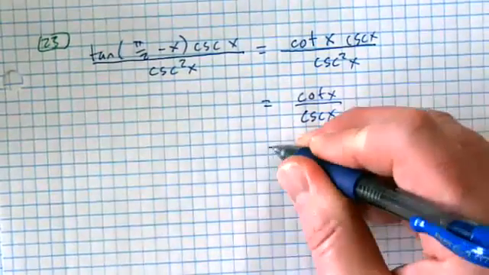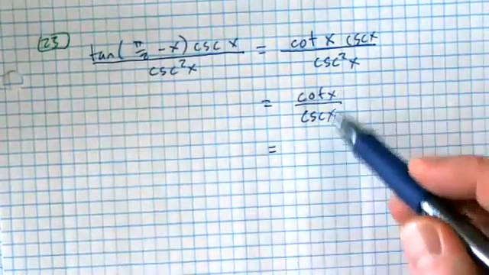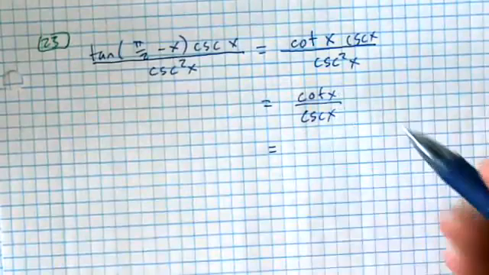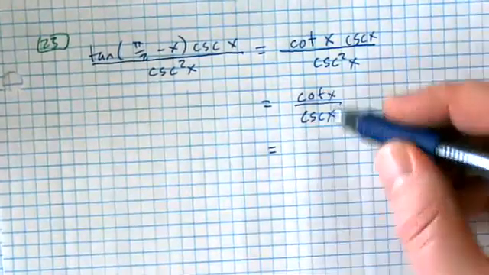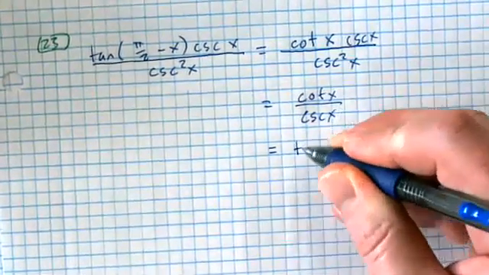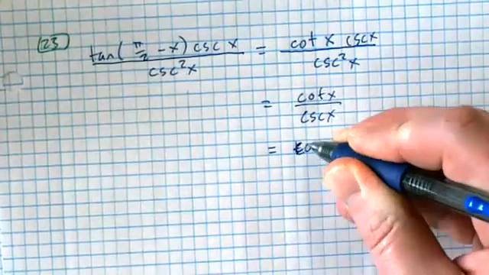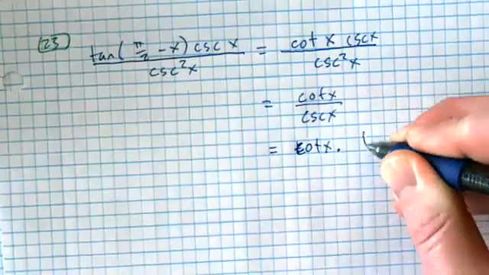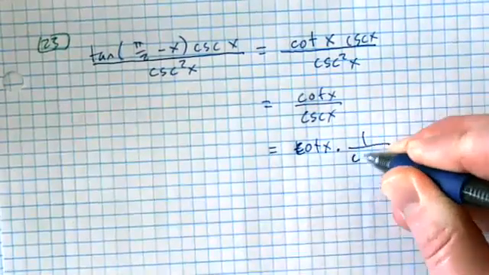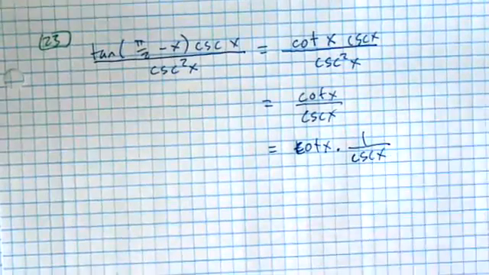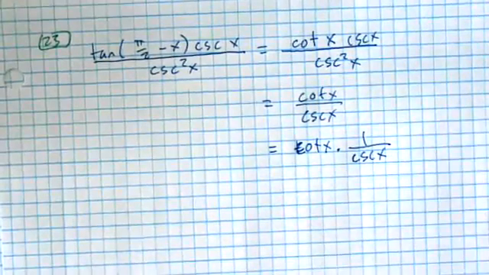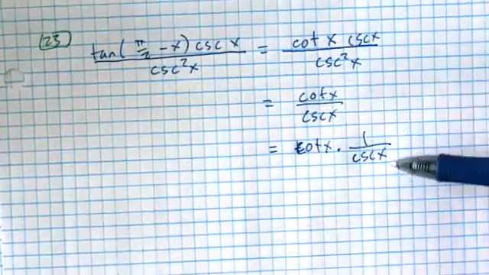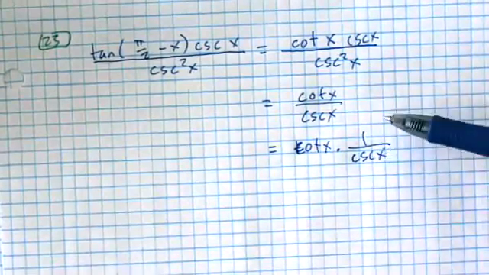I find sometimes when I'm dealing with fractions that are things that are not sines or cosines, rather than write this as a fraction, sometimes it helps me to rewrite it in this format. Do you see what I'm doing there? Because when I write it this way, then I can be like, oh, what is 1 over cosecant?